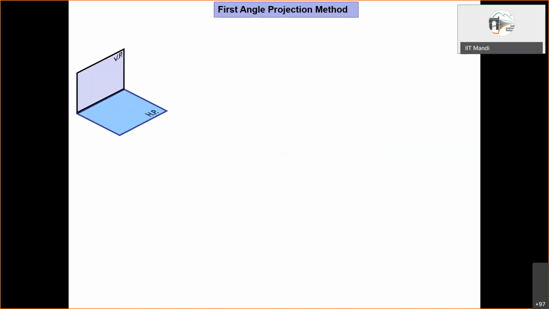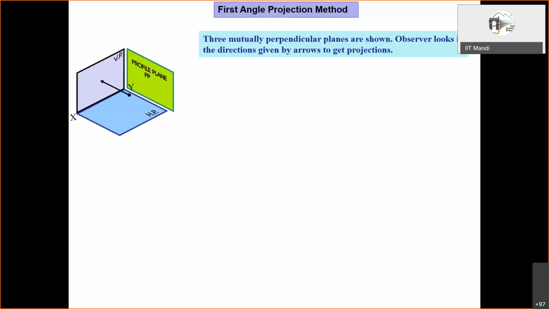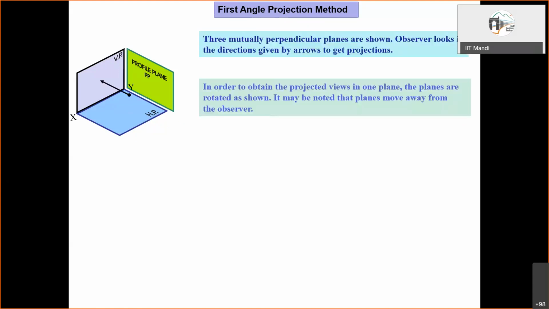And to complete the set, we have a profile plane also. We assume that the object is in the first quadrant, and then we project it respectively on all three planes.